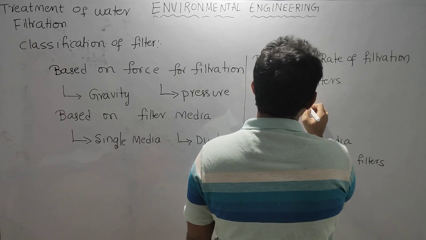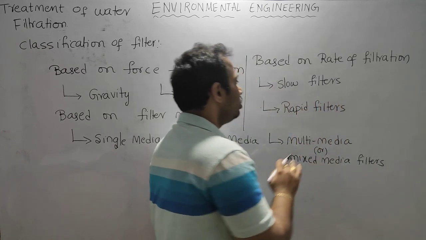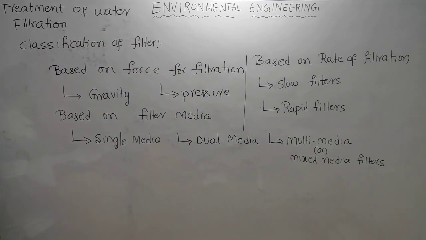Where the filtration process is slow, that is a slow filter. Where the filtration process is faster, that is a rapid filter. So these are the different kinds of classifications of filters based on different kinds of criteria.